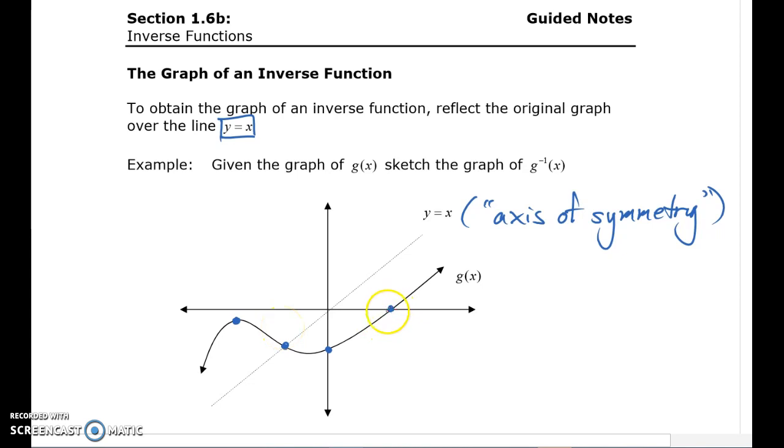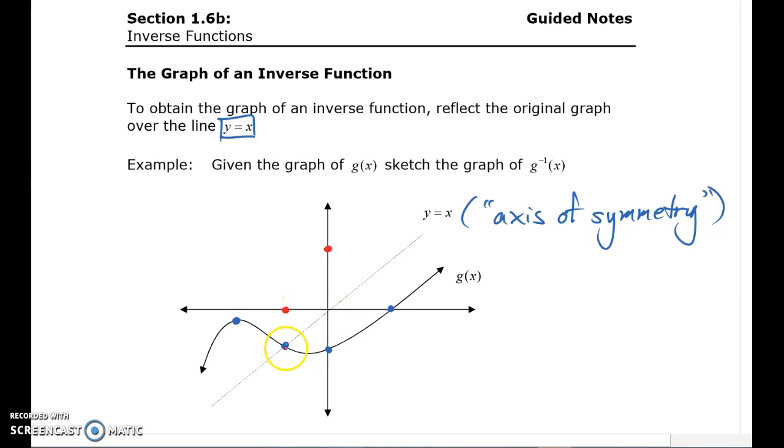So this particular point, I guess we'll start here. This is on the x-axis. Let's pretend for a moment it's (4, 0). If I take (4, 0) and flip the 2 so it becomes (0, 4), it lands somewhere here roughly. Similarly, if this point down here is (0, -3), if I flip, it becomes (-3, 0).